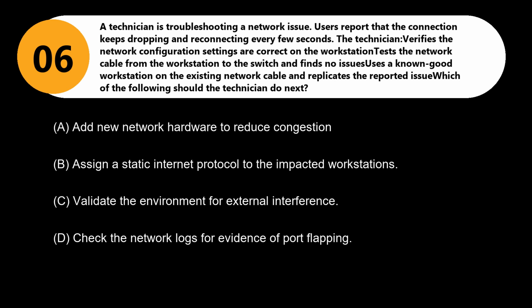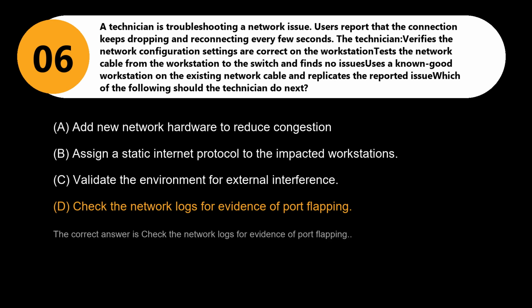Option A, add new network hardware to reduce congestion. Option B, assign a static internet protocol address to the impacted workstations. Option C, validate the environment for external interference. Option D, check the network logs for evidence of port flapping. The correct answer is option D, check the network logs for evidence of port flapping.